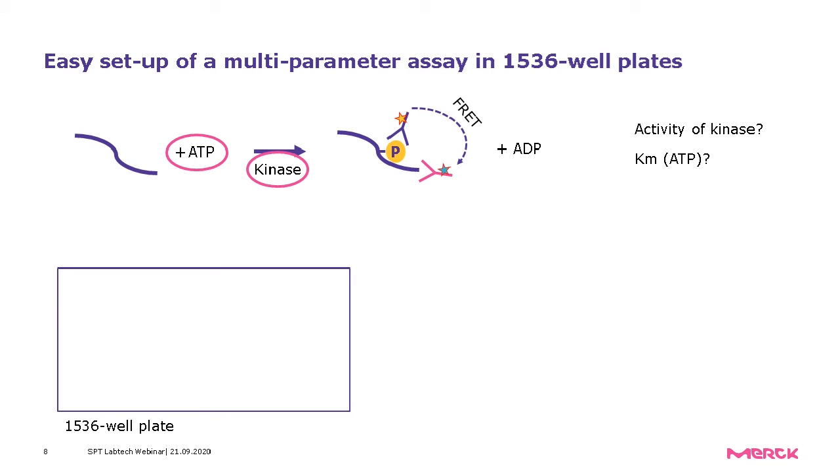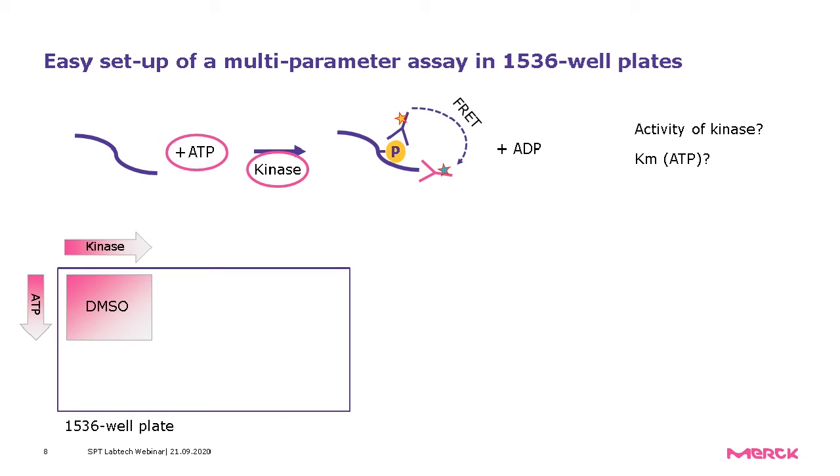I want to show you now how we did this with the Dragonfly Discovery. A very nice thing here is that we could already do this experiment on a 1536-well plate, because we didn't need to dispense anything by hand.